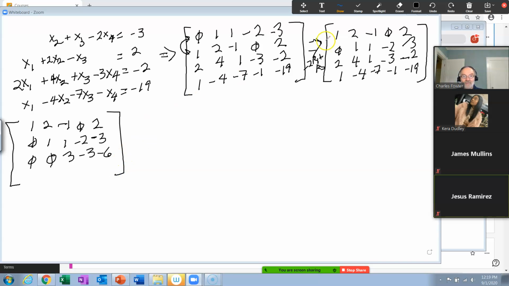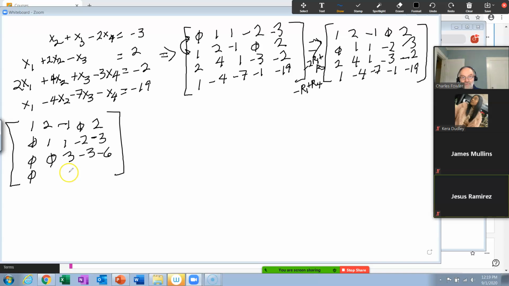Okay. Now, we also want a 0 here. Then it's just minus row 1 plus row 4. That will do it to us. We always use those leading 1s to get zeros below them. Okay, so here we go. Minus row 1, that's minus 1 plus 1 is 0.